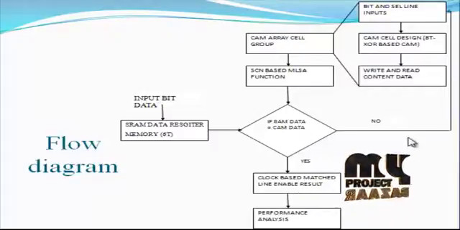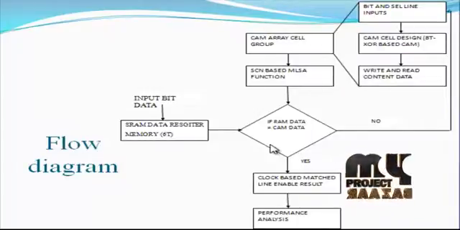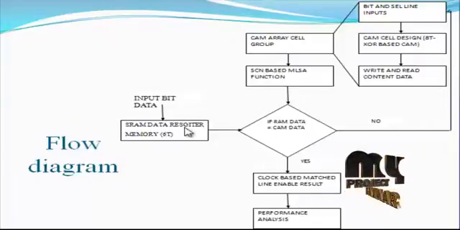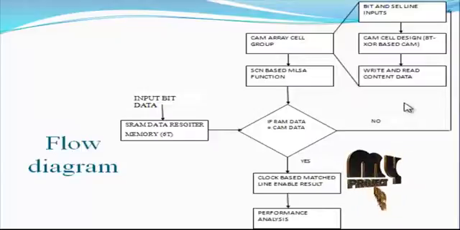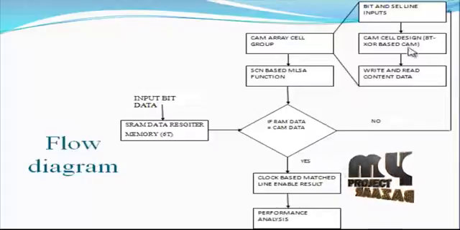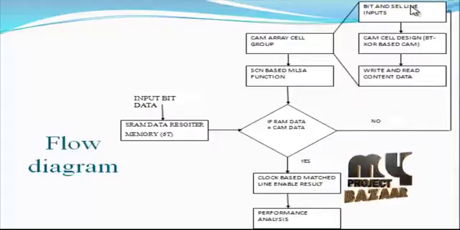If it is not, then go to another register selection line process for the overall architecture results. This is our overall flow for the CAM cell array design and the input data register for the match line selection process. This is our overall flow diagram for the CAM cell based on sparse clustered network.